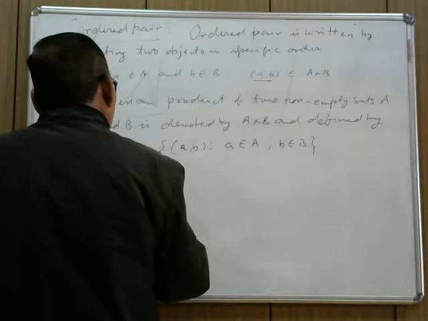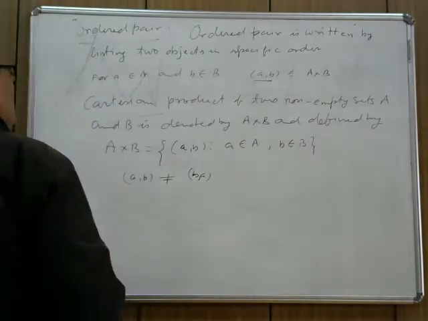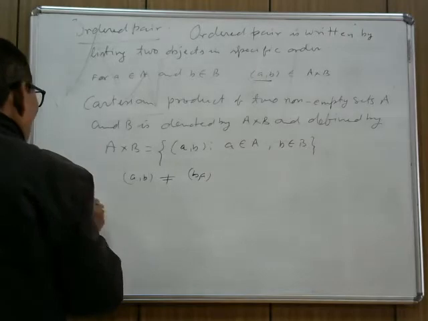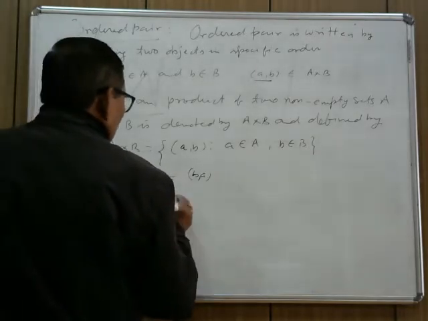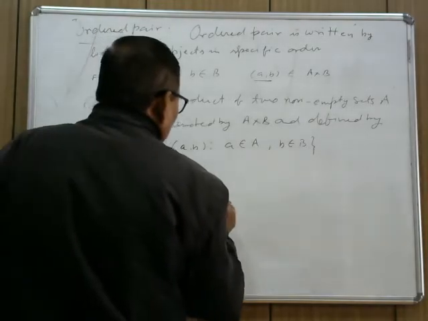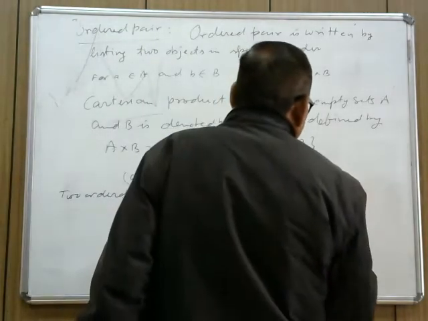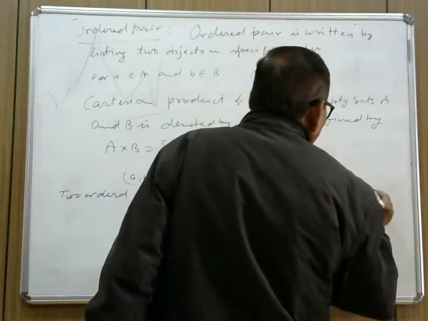(a, b) and (b, a) are not equal. Now, when do we say two ordered pairs are equal? Two ordered pairs (a, b) equals (c, d) only when a equals c and b equals d.